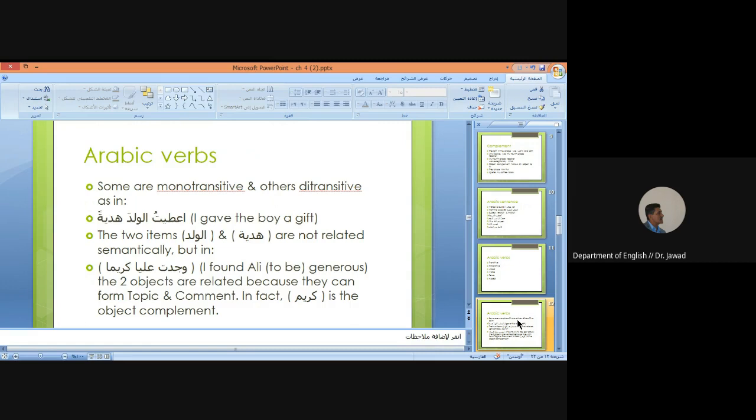But we go back to أعطيت الولد هدية. We cannot say الولد هدية. They are not related semantically. So this is a big difference between the two.